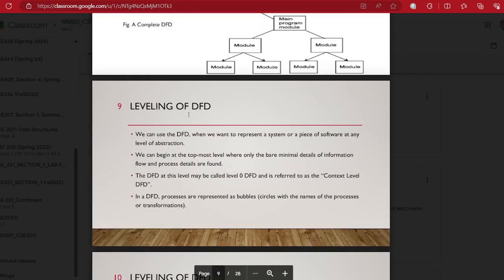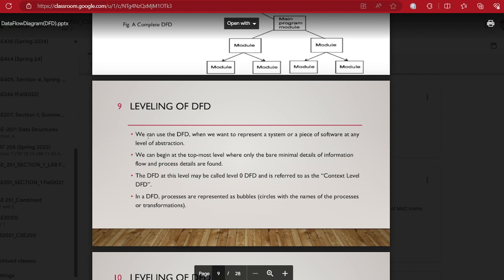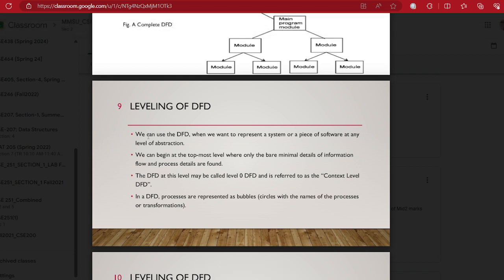Okay, leveling of DFD. We can use the DFD when we want to represent a system or a piece of software at any level of abstraction. So if we want to represent an abstraction of the software that we are going to build, we can use the DFD, right? And we begin at the topmost level.